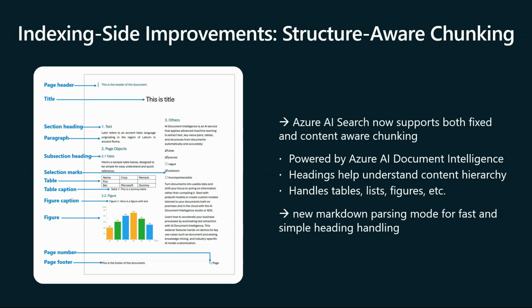Because layout is so important, even for cases where you may not be using Document Intelligence, we also wanted you to be able to exploit structure. If you have plain Markdown files and not only PDFs or Office documents, you can treat plain Markdown files as text, but then you miss out on the structure.